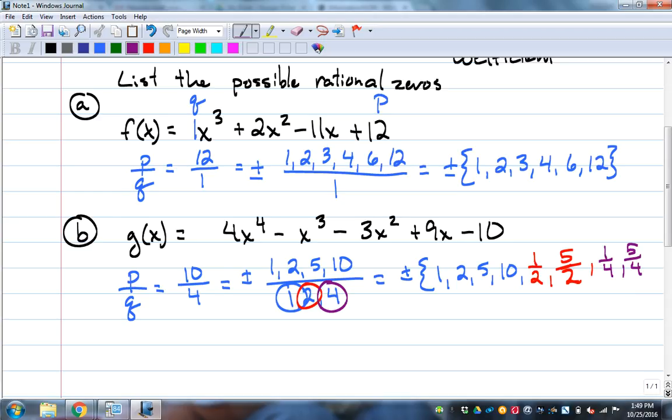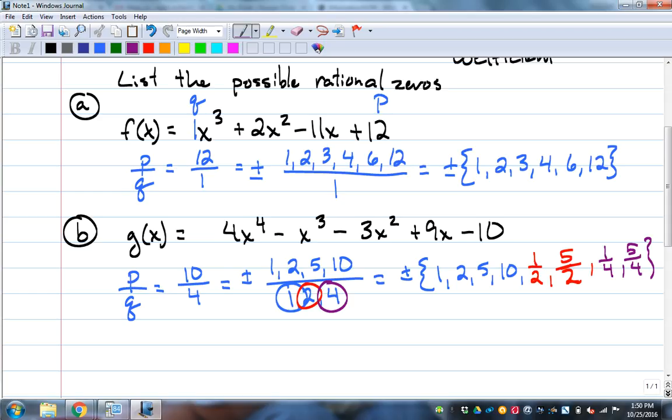Okay, so I have now cut down the possible rational zeros for this polynomial from every number in the world to a set of 16 numbers that it possibly could be. Okay. All right. P over Q. Now, there are questions that are going to be asked.